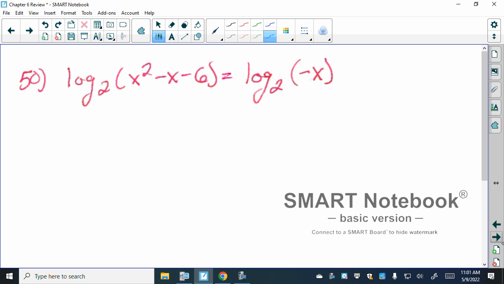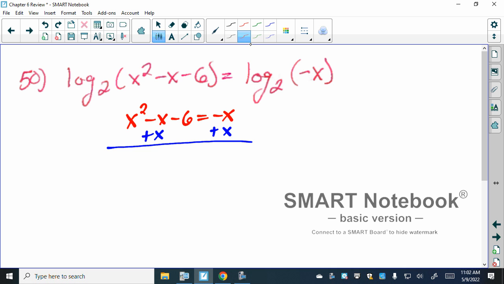Let's go on and look at 50. So both logs are the exact same. We have log base 2 on both sides. So what's inside has to be equal. So we're saying that x squared minus x minus 6 has to equal negative x. At this point here, we can add x to both sides because negative x plus x is 0. Over here, we'll have x squared. Negative x plus x is 0.